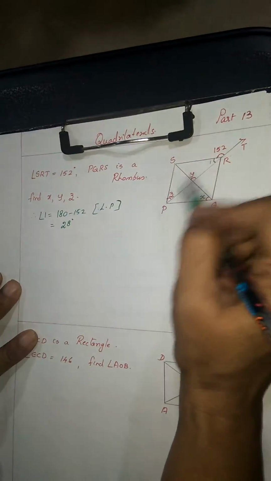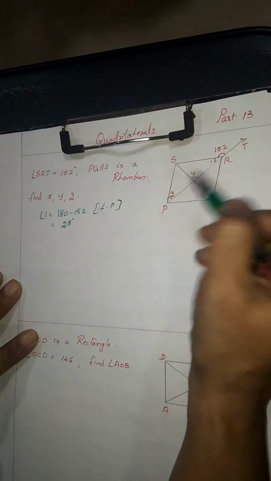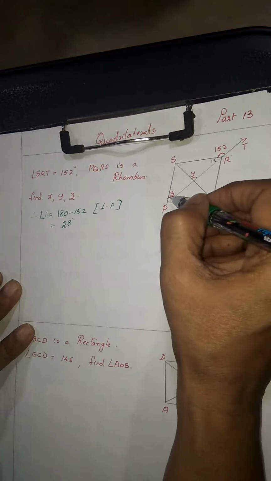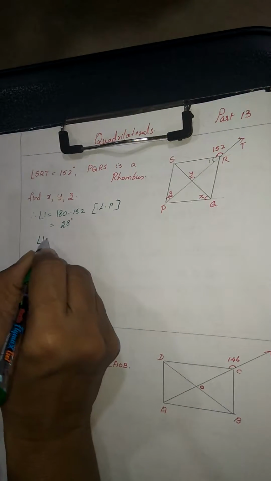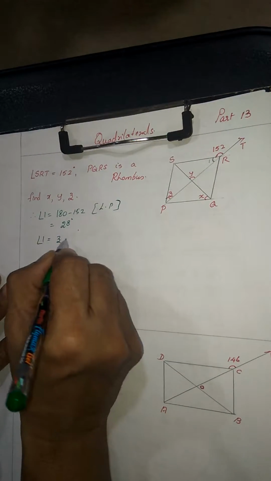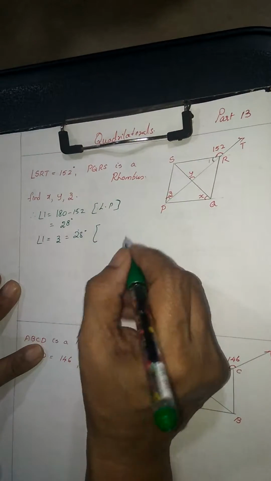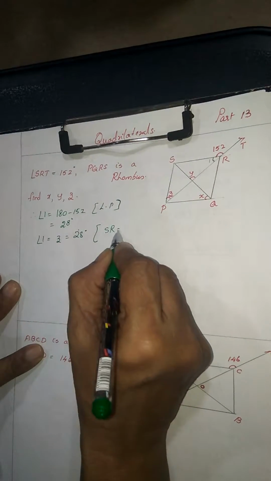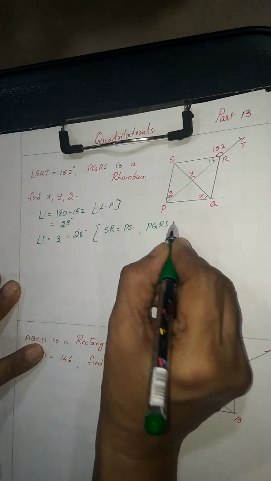Now this is a rhombus, that means SR and SP are equal. Therefore angle Z is equal to angle 1, that is equal to 28 degrees. The reason is SR is equal to PS, PQRS is a rhombus.